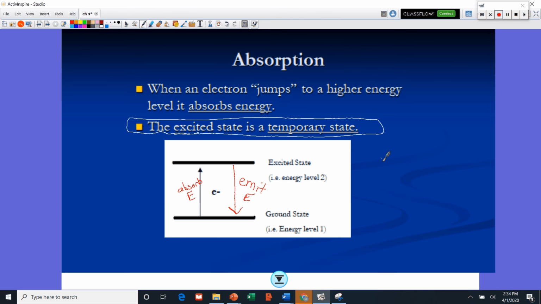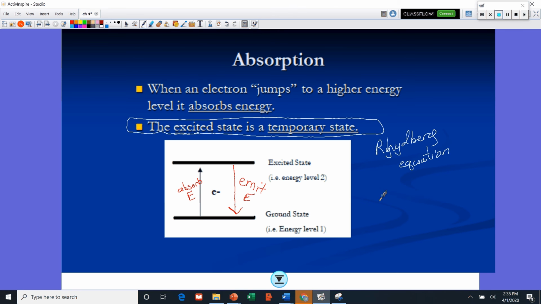Sometimes it'll ask questions about which one releases the most energy or absorbs the most energy. So we have this equation called the Rydberg equation, R-Y-D-B-E-R-G. We don't have to completely solve this equation.